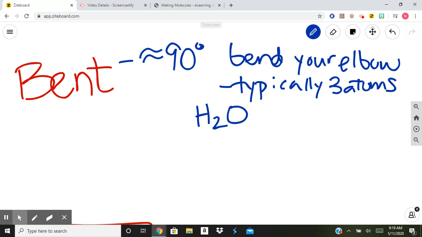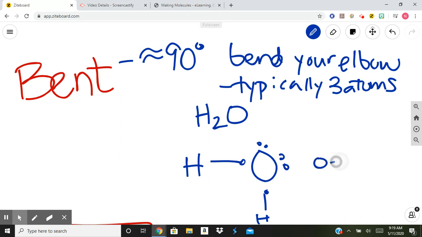So oxygen has its 6 valence electrons, and it has a hydrogen attaching here and a hydrogen attaching here. So if I take away the symbols and I take away the dots, here's that one H, here's the O, here's the other H. So your 90 degrees is right here.